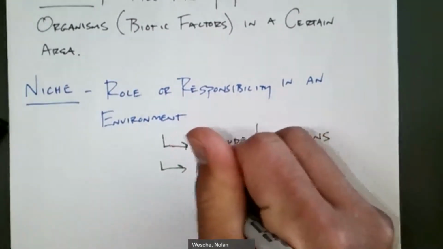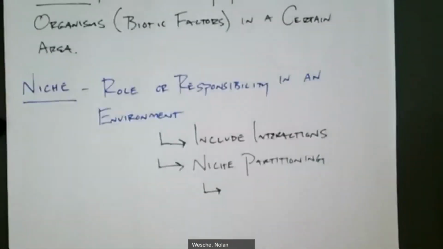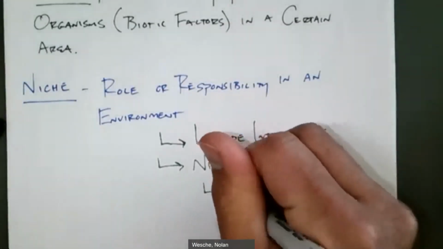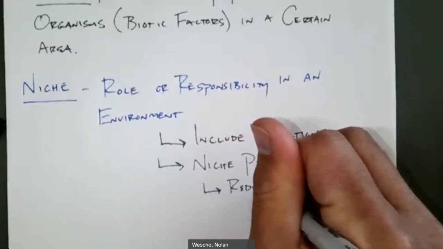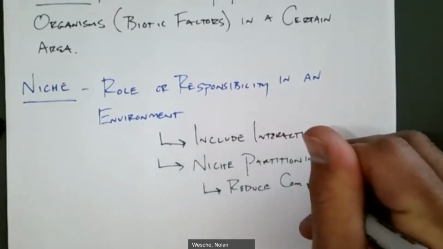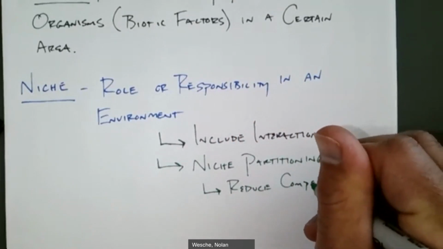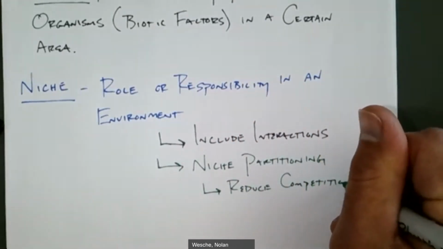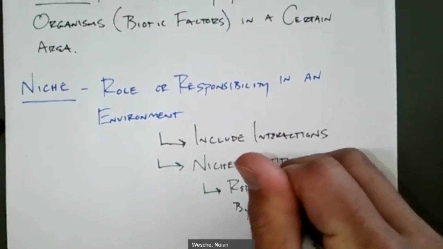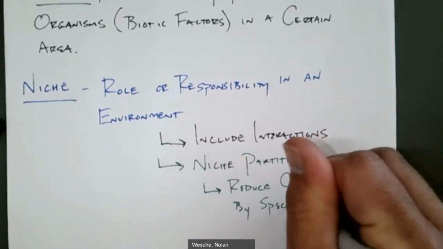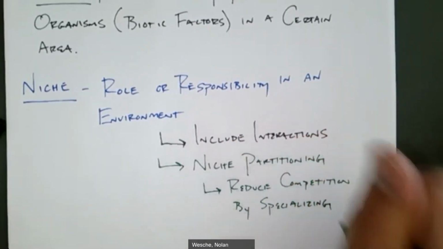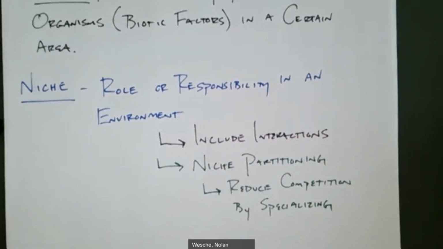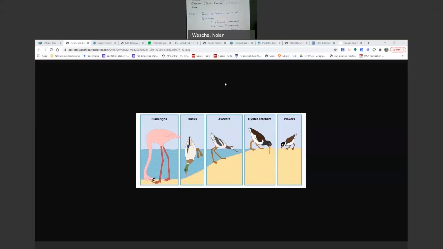So niche partitioning is when you break up a bigger niche into smaller ones, and you can reduce the competition. So you can reduce the competition by specializing. Here's an example of niche partitioning.